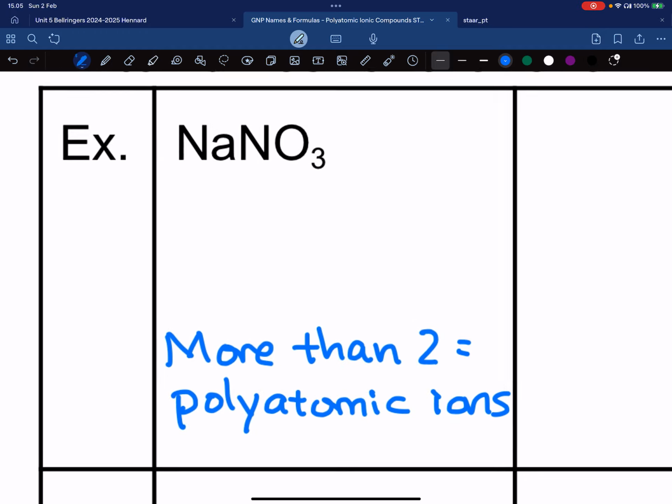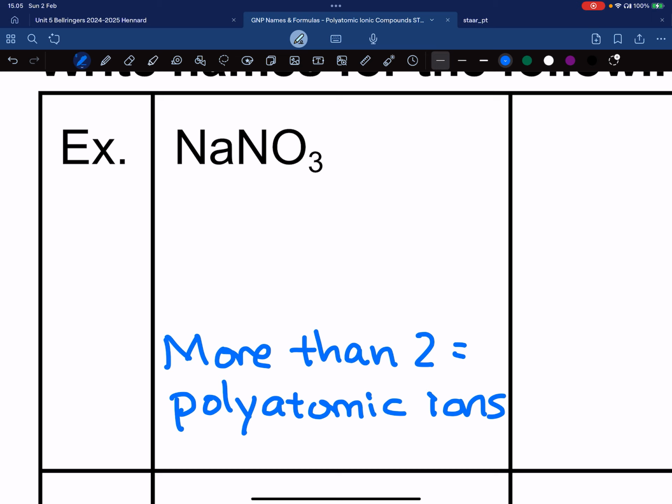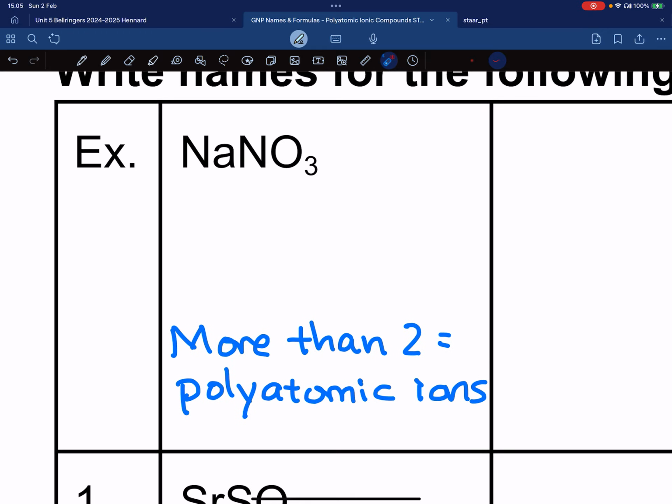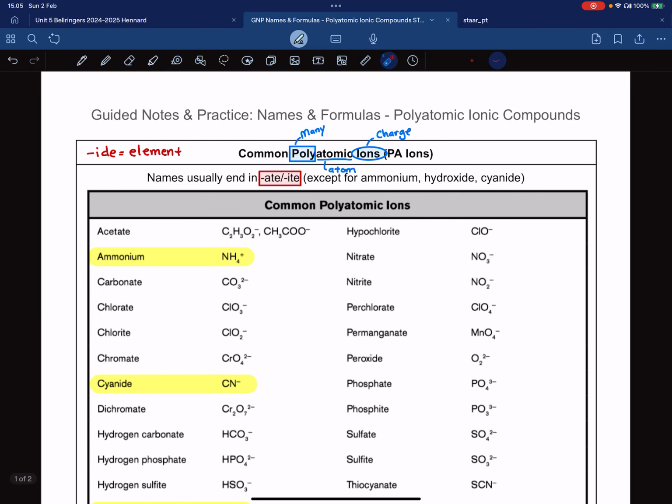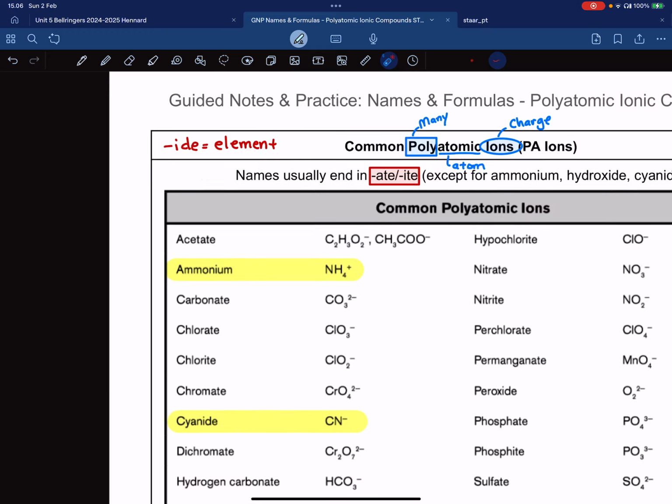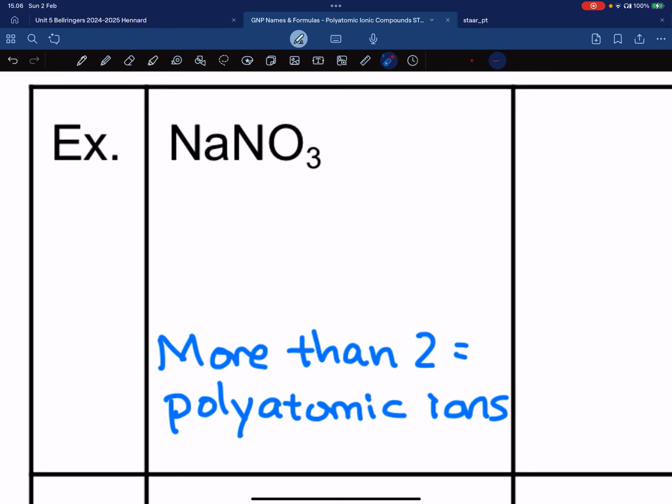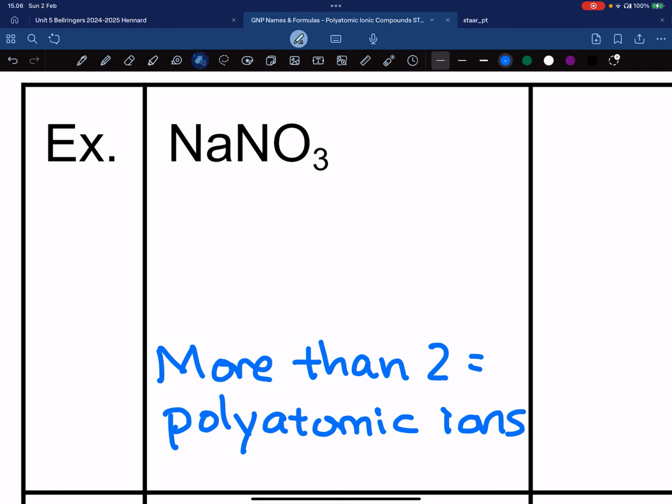Now, then the question, of course, is which is your polyatomic ion? Well, your polyatomic ion is almost always going to be in the last part of the formula, because the only one that has a positive charge is ammonium. That is the only one. So your polyatomic ion is going to be that guy right there, right?